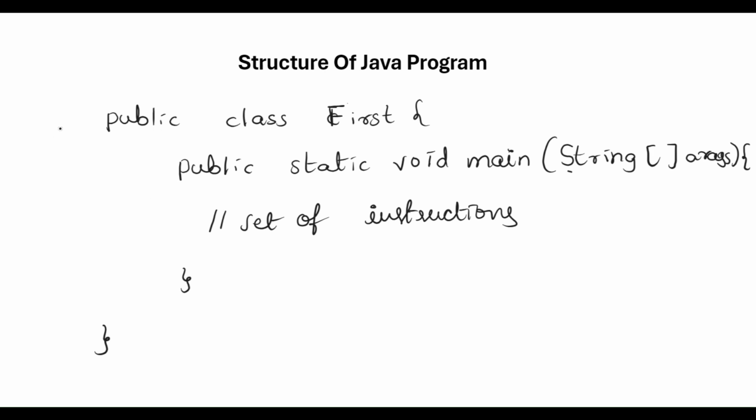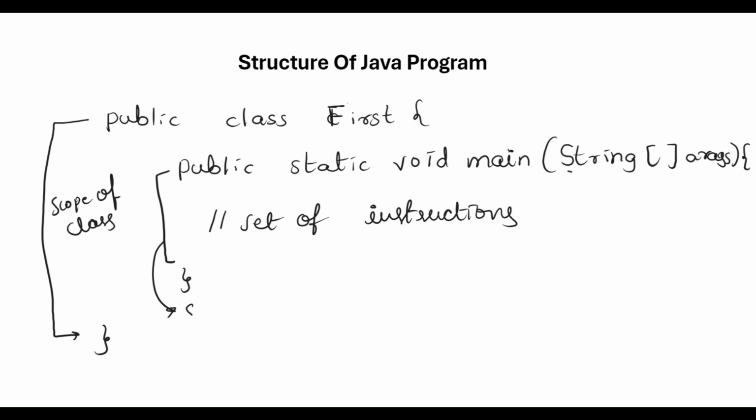This is the class block, or we can say the scope of the class, and this is the scope of the main method. Here the class is used to store the data, and the main method is used to execute the instructions. So this is the basic structure of a Java program.